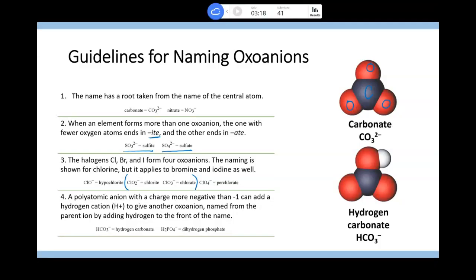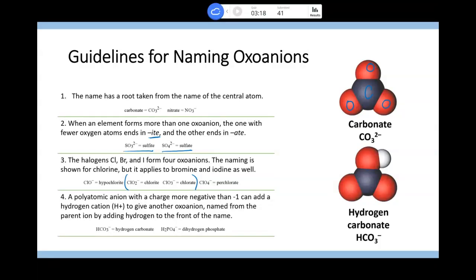And then lastly, if we have a polyatomic ion that has a charge more negative than -1, a hydrogen cation, H+, can be added to give another oxoanion. This is named by using the name of the parent ion and adding hydrogen to the beginning.